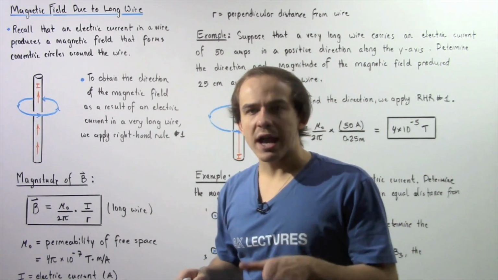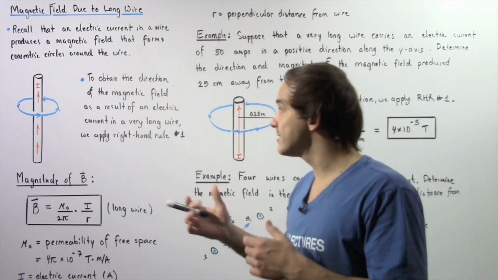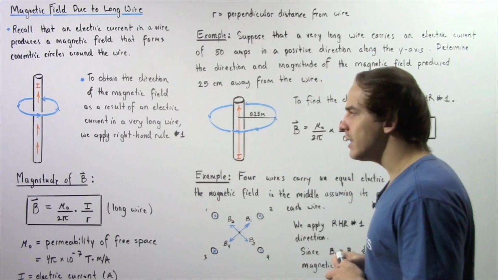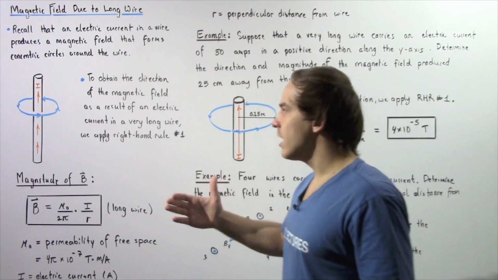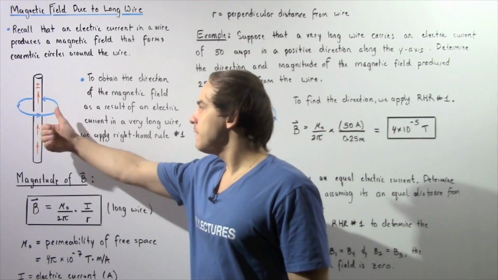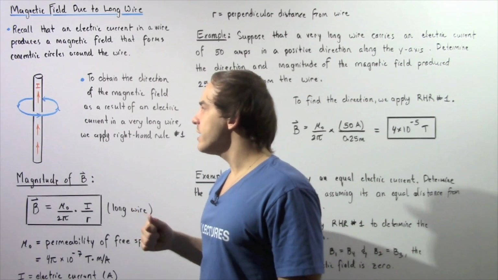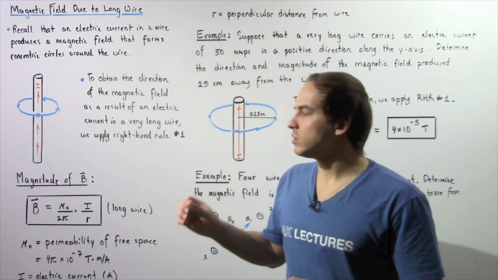To obtain the direction of the magnetic field as a result of the electric current in such a straight long wire, we apply right-hand rule number 1. So we take our right hand, we extend our thumb, and we wrap our fingers around our wire so that our thumb points in the same direction as our electric current.